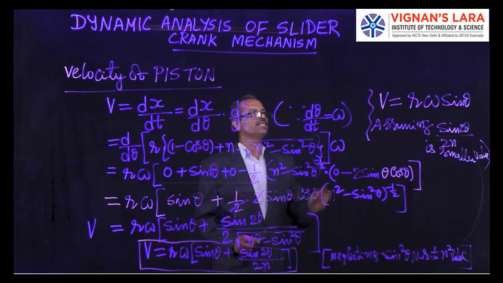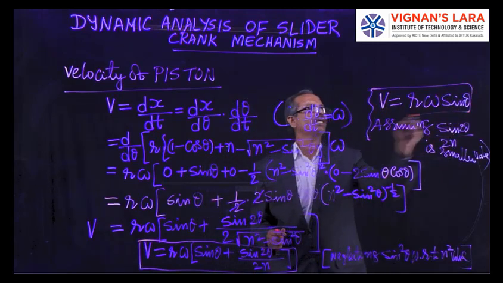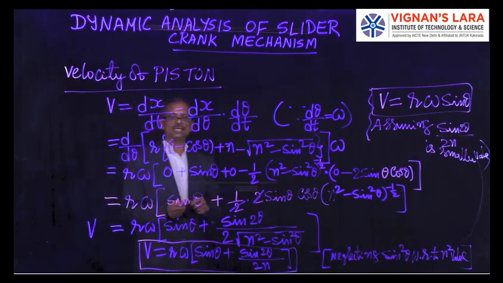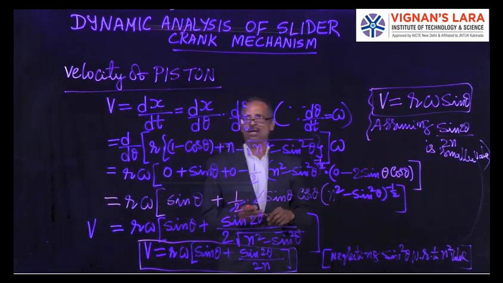Then we can write simply V is equal to R omega sine theta. Okay, so then we will see the acceleration of the piston.